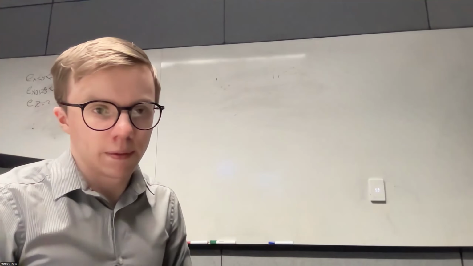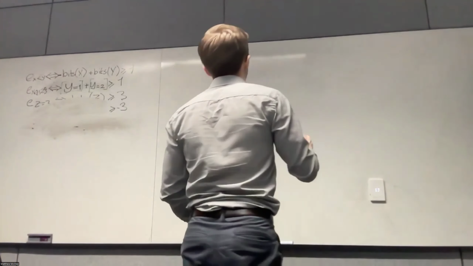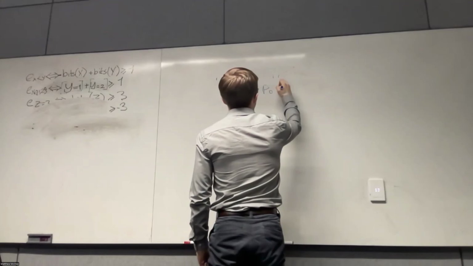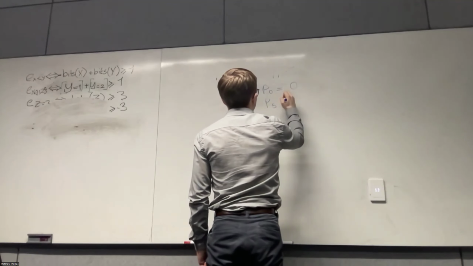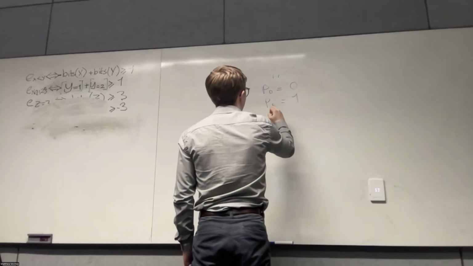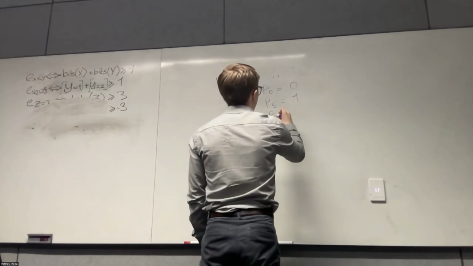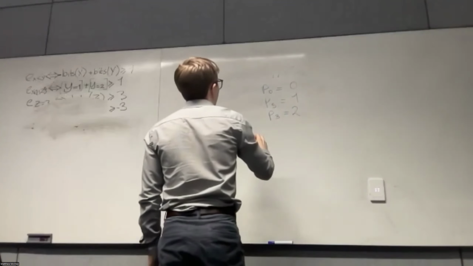I'm pretty sure this still just derives a contradiction on P0. Because what do we have? We have P0 is equal to 0, P5 is equal to 1, P3 is equal to 2.